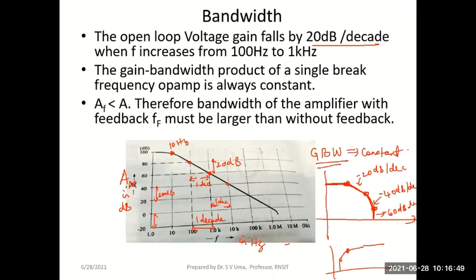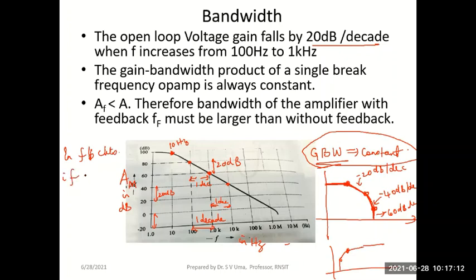amplifier should surely be larger than that without feedback. Why? Because the gain bandwidth product should be constant in feedback circuits.